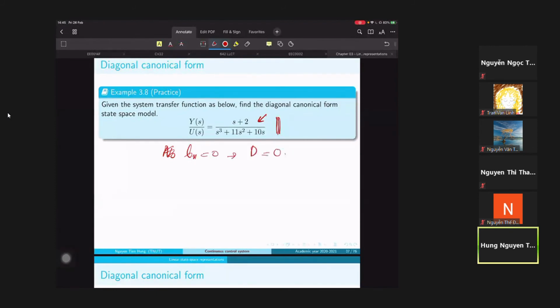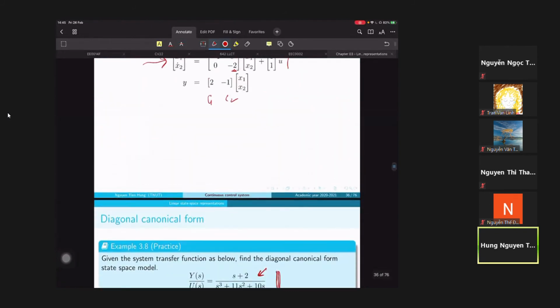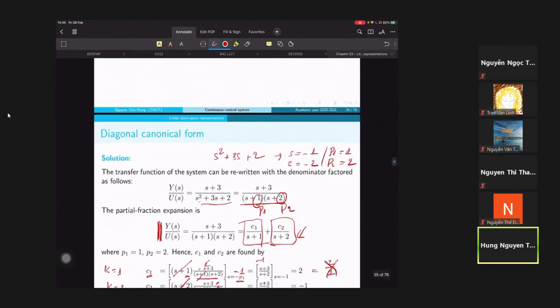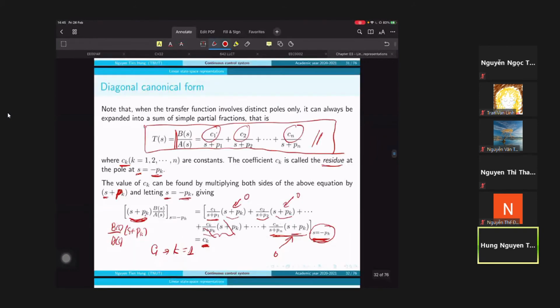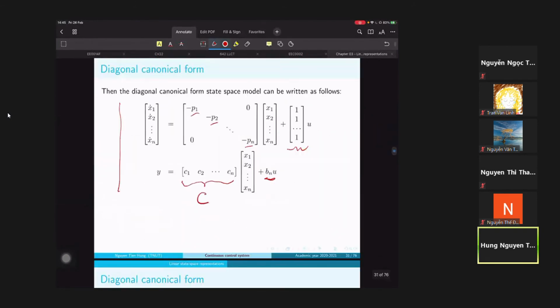The same holds for the controllable canonical form and observable canonical form, even this one, because you see that the zero-order term of the numerator is Bn. But Bn here is 0, so we got no D. I think that you are both correct.